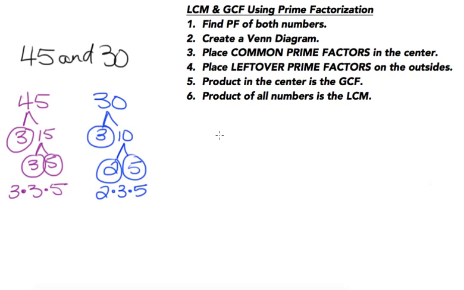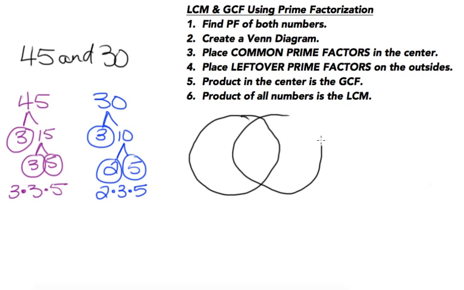Now, step 2 is to create a Venn diagram. So I'm going to draw these circles, leaving plenty of room in the center for any common prime factors. Now let's go to step 3. I'm going to look at both prime factorizations and place common prime factors in the center. A Venn diagram compares and contrasts things.